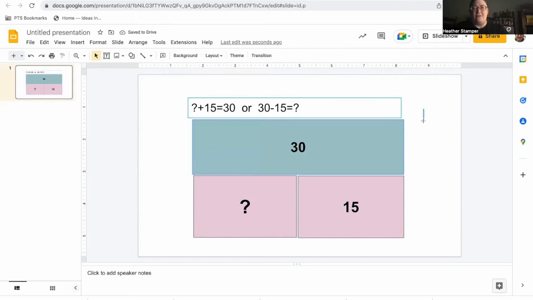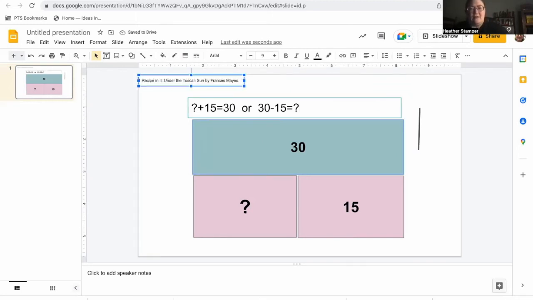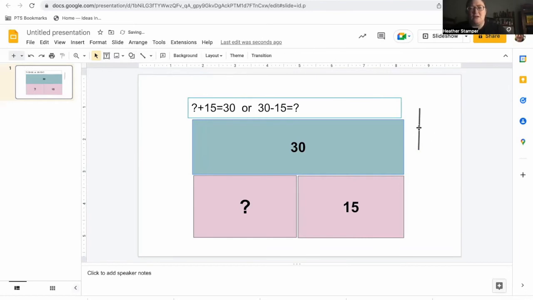So let's start off. I have 3 10s here, and I have to take away 15. Okay, so I can do this. If I'm doing the subtraction method, I can take one of these 10s, move it over, and break it down into ones.